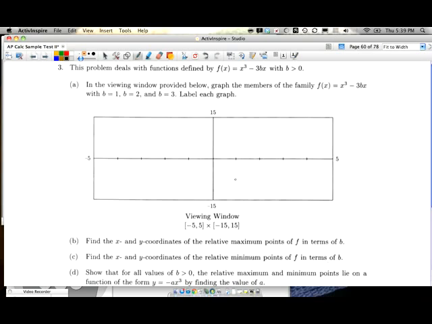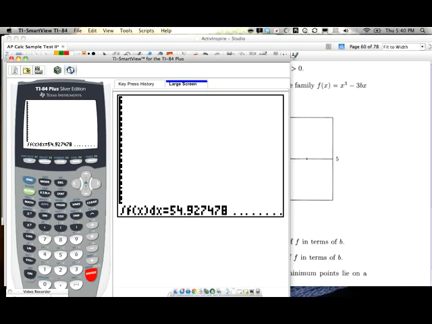Number 3, we're going to wrap up the calculator portion here and move on to the non-calculator as well. After that, the problem deals with functions defined by x cubed minus 3bx. So let's go ahead and plug something like that in.